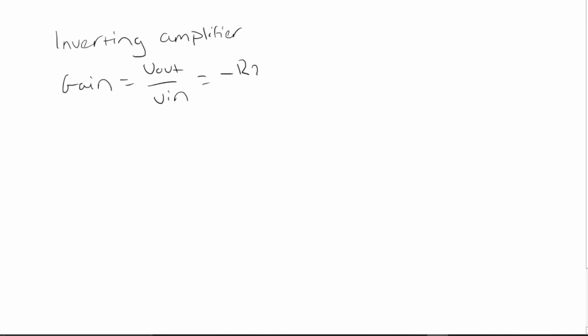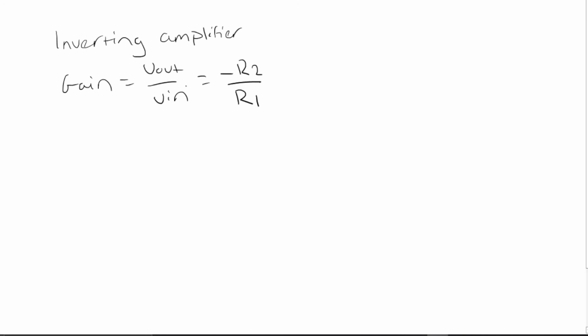Before we end off this video, I'd like to show you the formulas for an inverting amplifier as well, which I've shown you before. This is the gain. For an inverting amplifier, the gain equals Vout over Vin, which equates to minus R2 over R1.